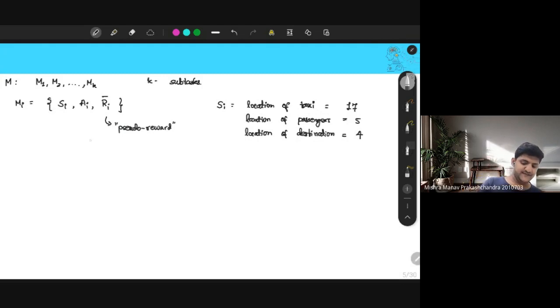Okay, so you can think of it as a reward associated with the subtask. So there is a core MDP reward that the core MDP handles, which is completion of the main task at hand. And secondly, there is the pseudo reward, which gives a reward for completing a particular subtask that is present.